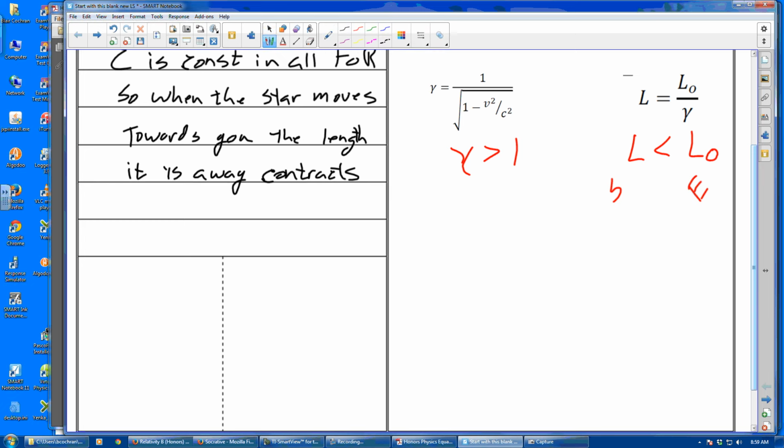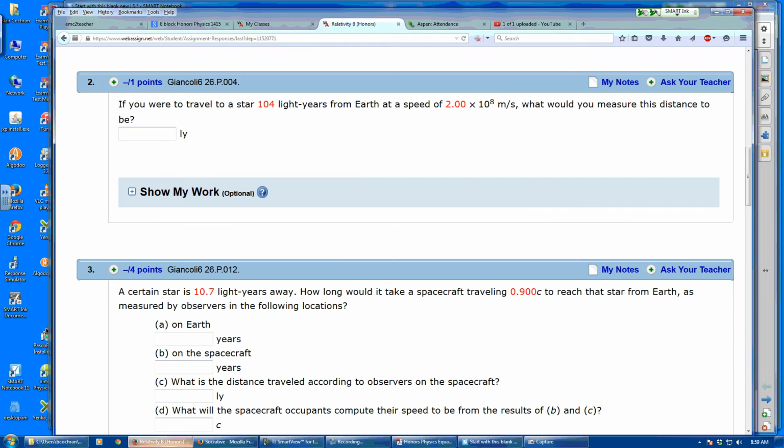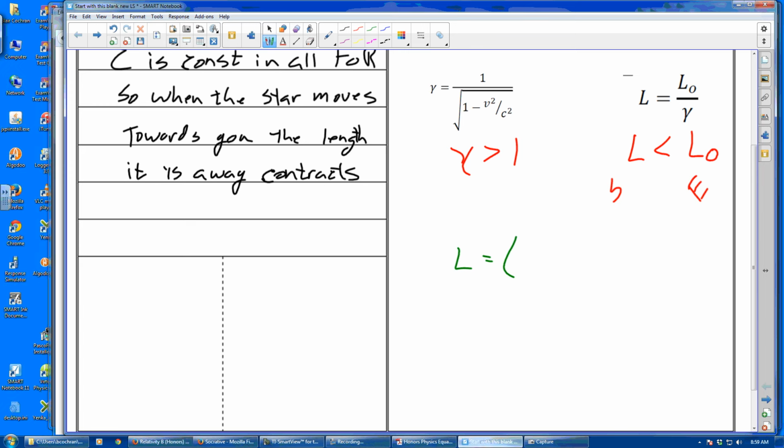So we just substitute in. We know L is what we're looking for. L naught, in my case, is 104 light years. And then dividing by that is like multiplying by the denominator.